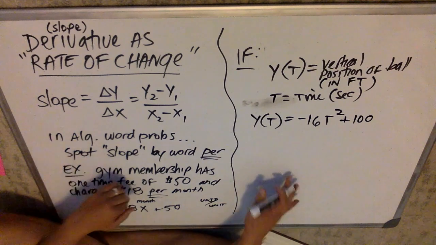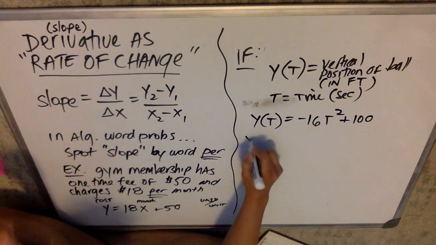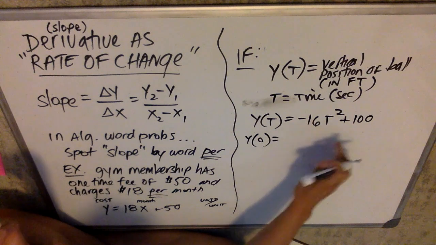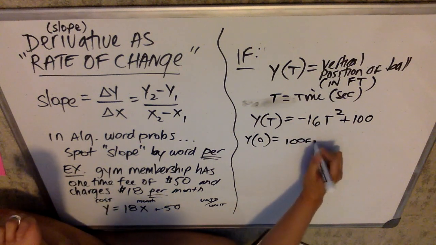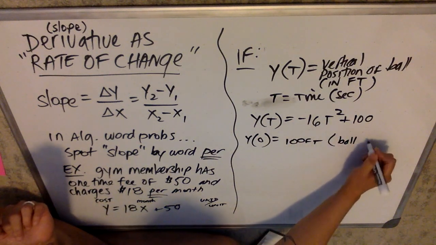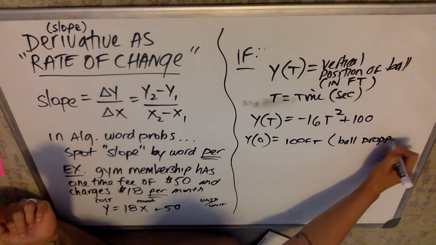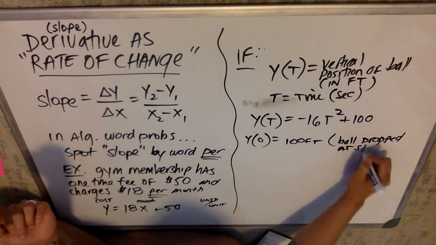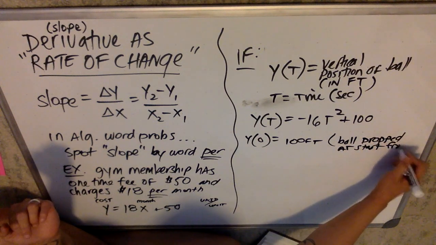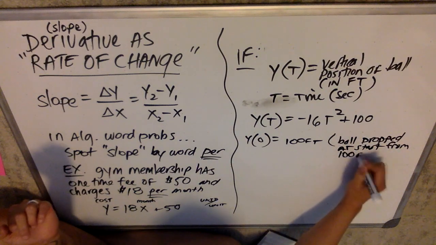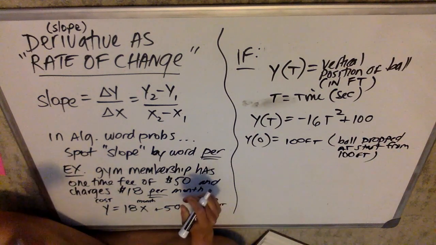then essentially what this is telling me is that, for instance, y of 0 would be 0 plus 100, so 100 feet. What that means is the ball is being dropped at the start from 100 feet, which is pretty high up, like 10 stories. This is some crazy egg drop in your physics class or something.